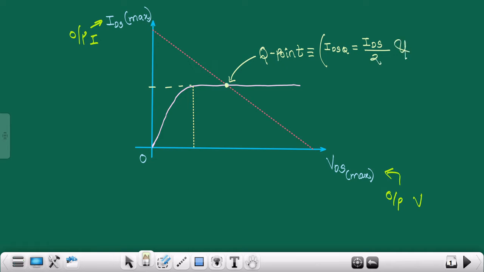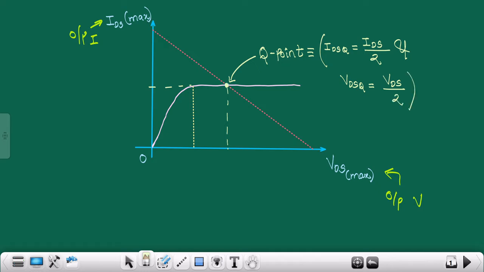And your VDSQ, that means this particular voltage, should be half of the maximum output voltage.